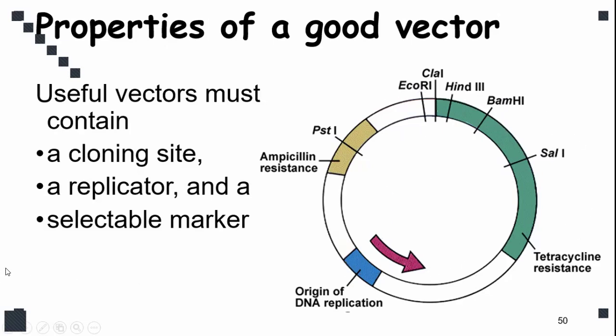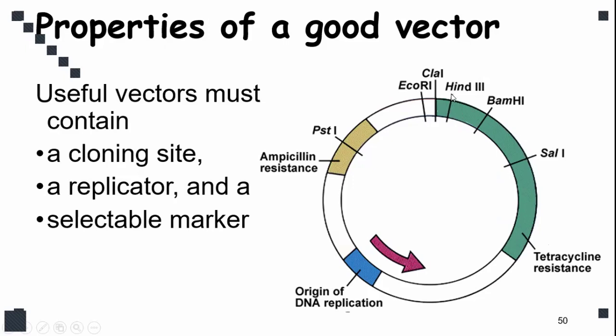Then number three, they must have a selectable marker. What are the selectable markers here? The ampicillin resistance and the tetracycline resistance genes. You can see them here. If you intend to use tetracycline in your experiment, you must be sure not to use a cloning site within this region.